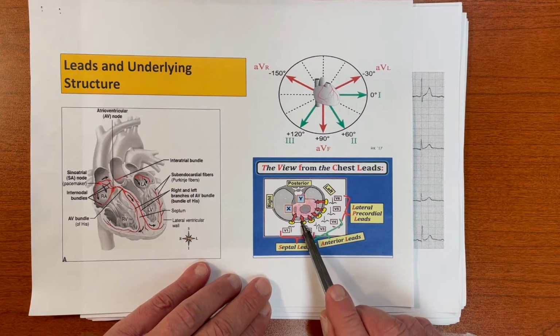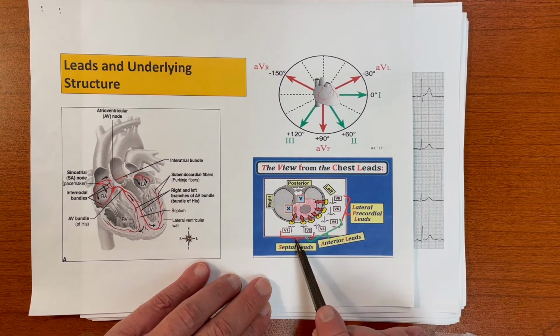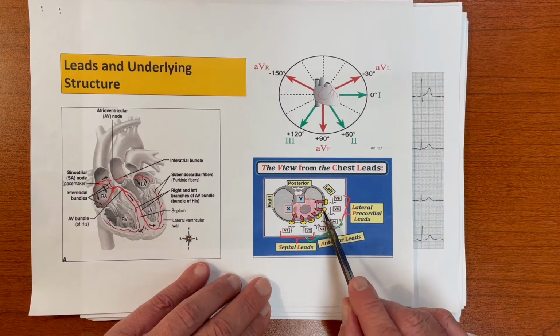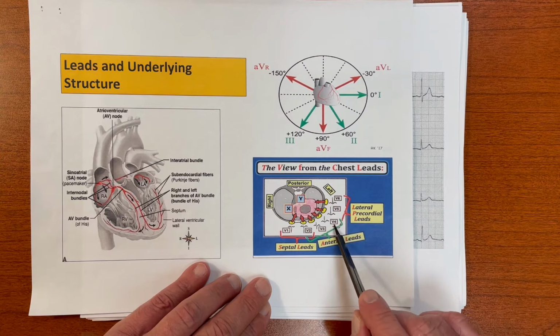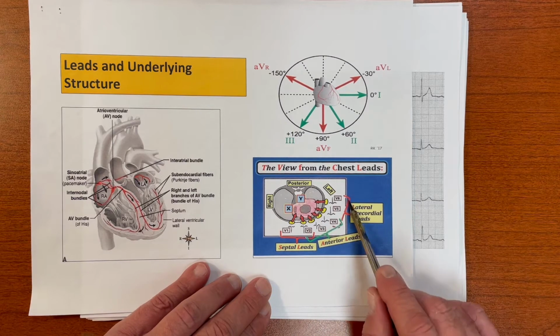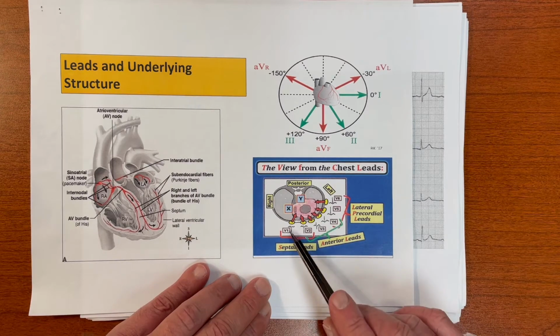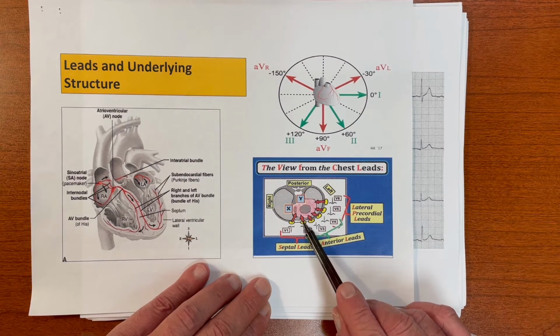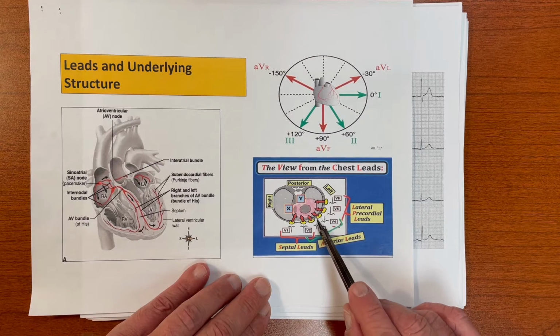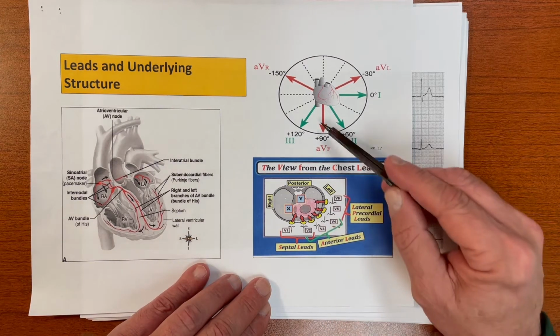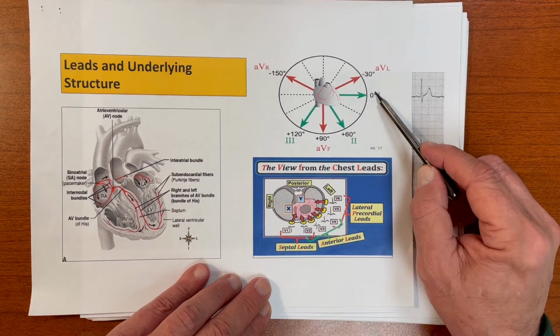Notice they straddle the sternum. They're looking at the septum. Anterior leads come around here. And then when you get to V5 and V6, and there's a little bit of overlap here at V4, you're talking lateral leads. Okay? Septal, V1 and V2. Anterior, V4 to V6, lateral. Inferior, 2, 3, F, L and 1. Okay?